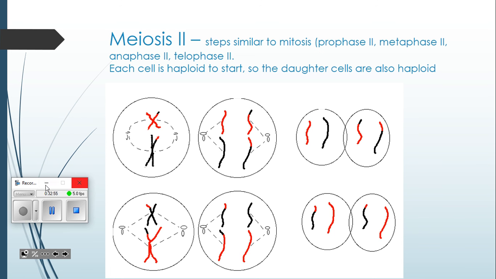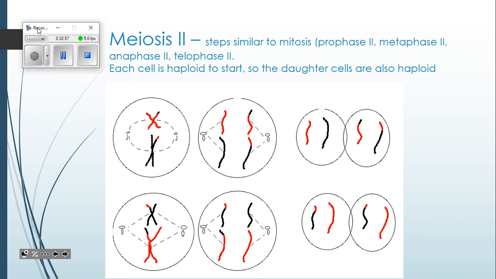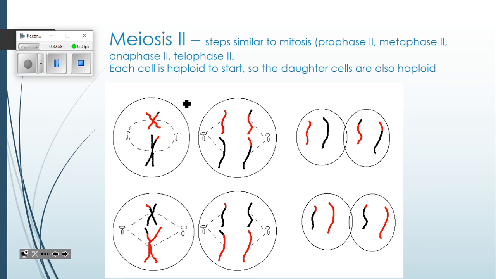So now we have meiosis II. You'll see that I've got a little series of pictures there representing meiosis II. If I were to describe what's happening in each phase of meiosis II, I would say the exact same words as I said for mitosis, except that the cells are haploid at the beginning.